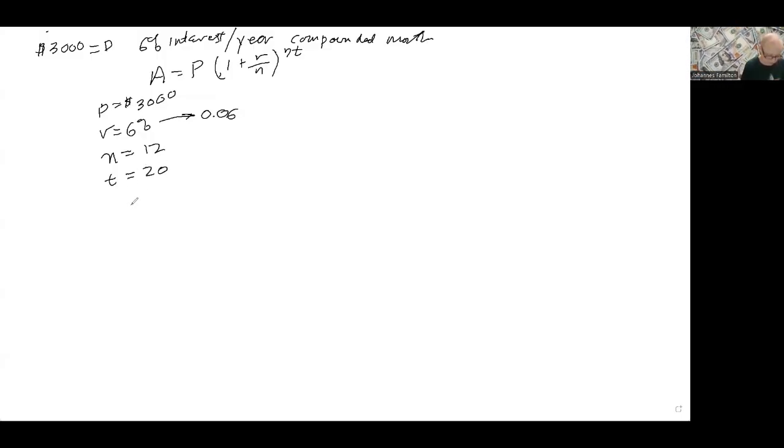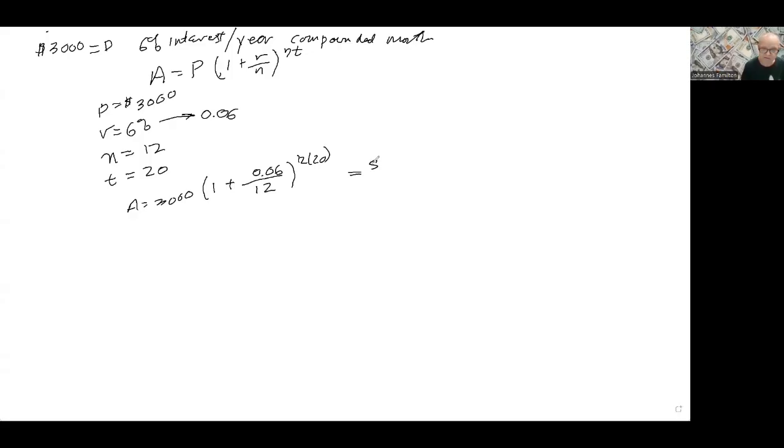So we want to calculate this. A is equal to 3,000 times 1 plus rate 0.06 divided by N, our compounding period 12, and here we have 12 times 20 for the 20 years. So I'll multiply this.